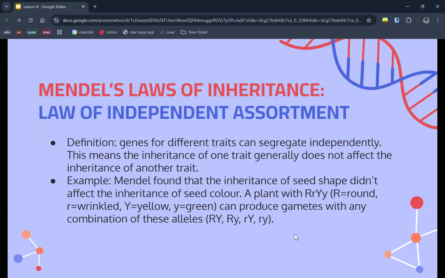So for example, if capital R, the dominant trait, is a round seed and the recessive trait is a wrinkled seed, and the dominant color is yellow and the recessive color is green, a plant that is heterozygous for shape and color can produce gametes with any combination of these alleles. So that means they can have RY, capital R, capital Y, capital R, lowercase y, lowercase r, capital Y, lowercase r, lowercase y, like you can see here.